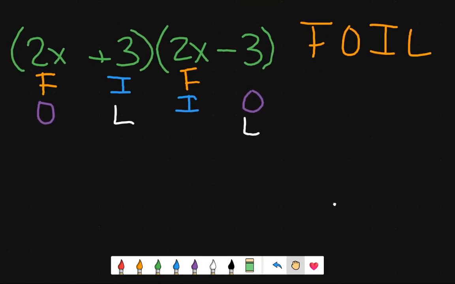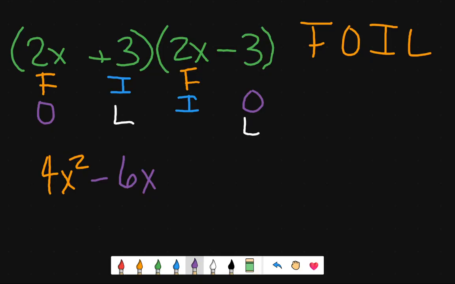So we have 2x times 2x. And what is 2x times 2x? Well, we know 2 times 2 is 4, right? And then x times x is x squared. Okay, then we're going to multiply our O's. We have 2x times a negative 3. So that's going to give us a negative 6x, minus 6x.